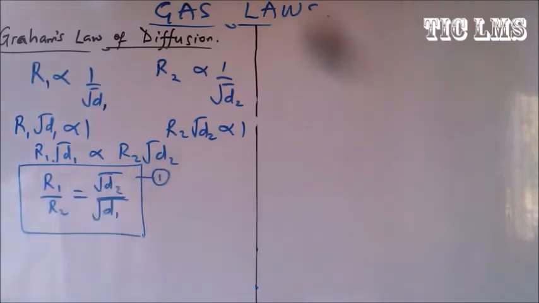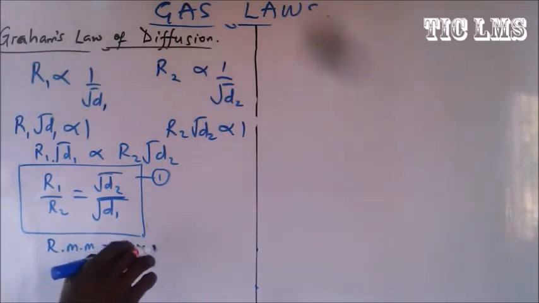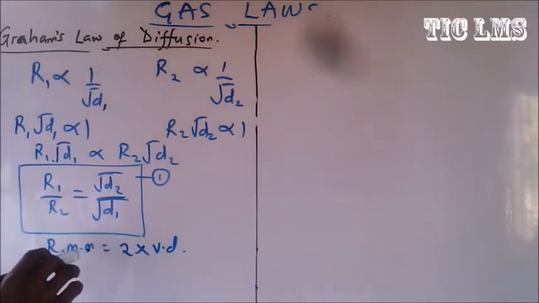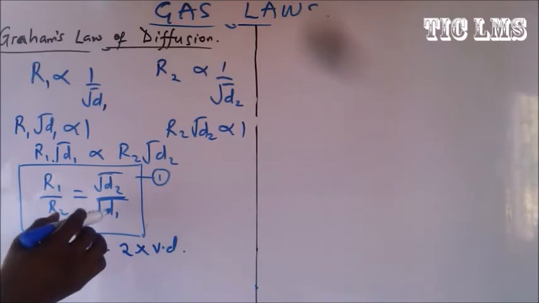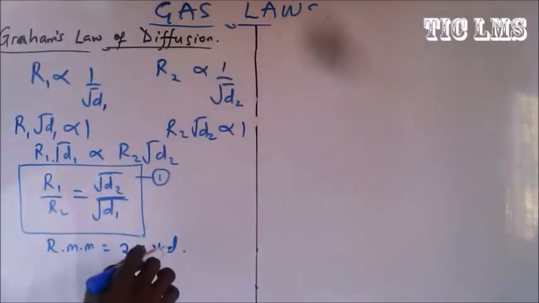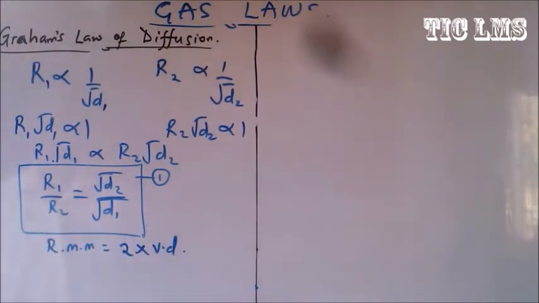So this is our first formula that we'll be using in Graham's law of diffusion. Now to derive other formulas, we have that relative molecular mass of a gas is equal to 2 times its vapor density, which is the density. And so this relative molecular mass could be substituted into the density. If we have density of gas 1 and density of gas 2, then we have the relative molecular mass of gas 1 and gas 2.